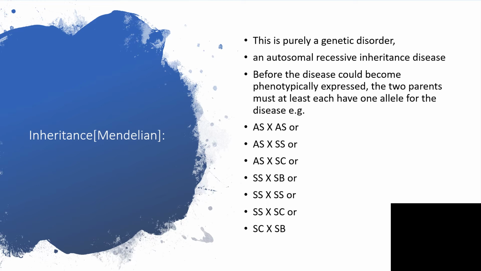Under all these possible scenarios, which I'll go into one by one, the family will be at risk of having a child with homozygous SS because it is autosomal recessive until we have homozygous situation before the phenotypic expression. If it is only one allele that is inherited, the individual will be called a carrier or having a trait.